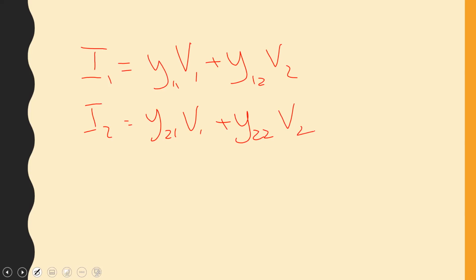And of course, for the impedance parameters, V1 = Z11 I1 + Z12 I2, V2 = Z21 I1 + Z22 I2. So this is the first thing that you're expected to do.